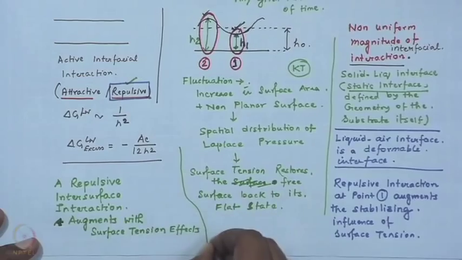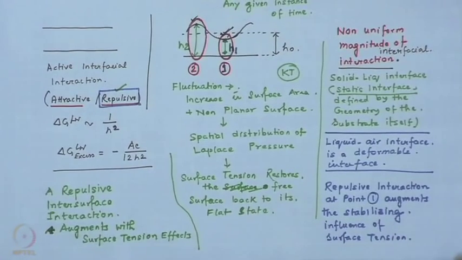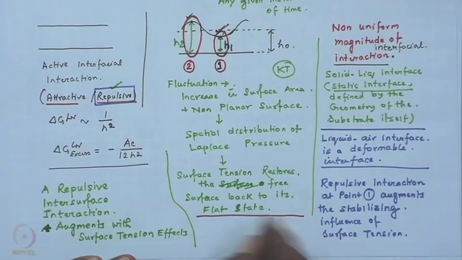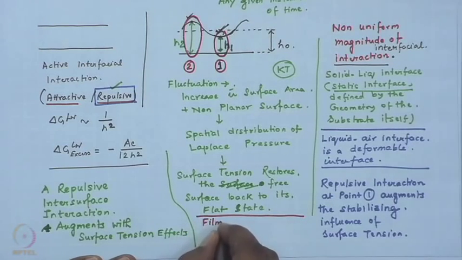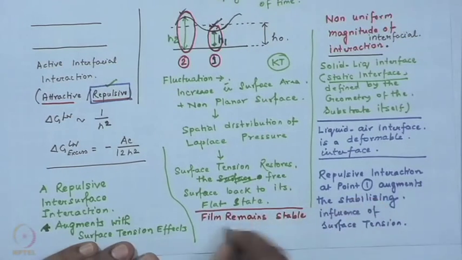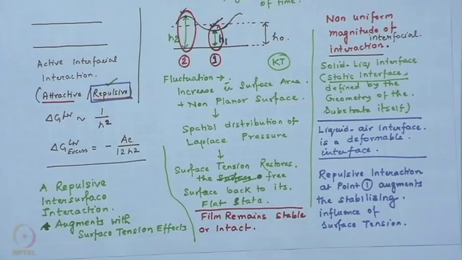And therefore, the film remains perfectly stable. Consequently, because the stability is now imparted by two effects: a repulsive intersurface interaction and also the stabilizing effect of surface tension.